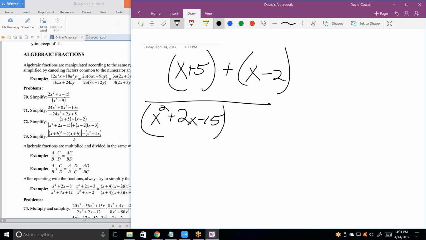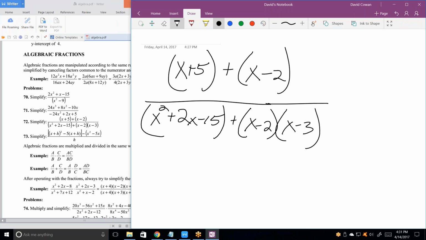We know we're going to have to factor that, plus x minus 2 times x minus 3. Alright.